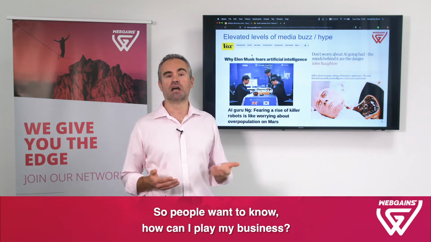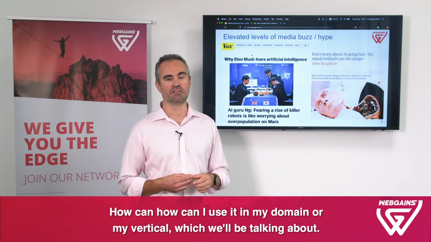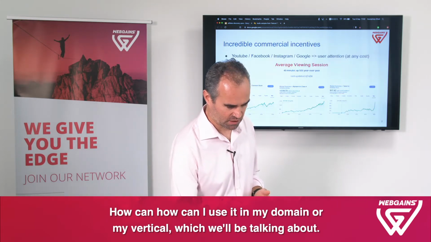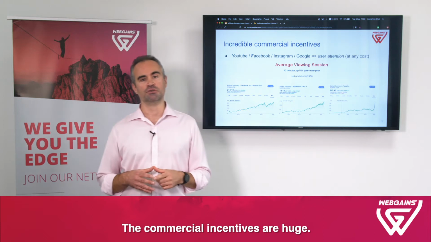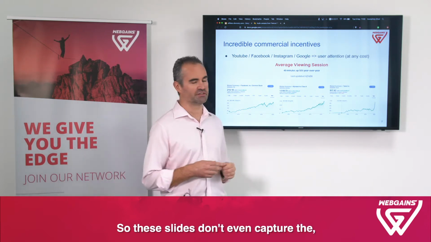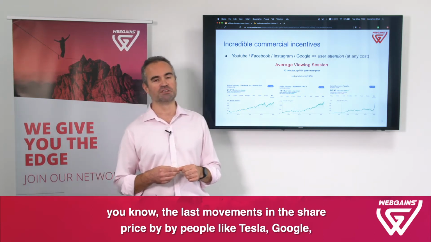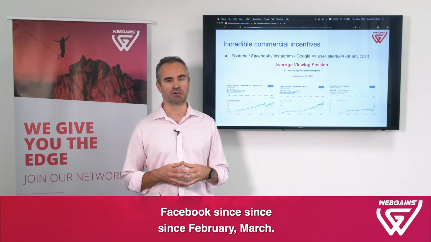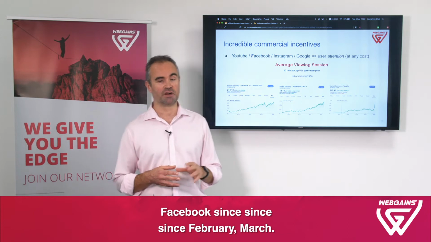So people want to know, how can I apply it in my business? How can I use it in my domain or my vertical, which we'll be talking about. The commercial incentives are huge. These slides don't even capture the latest movements in the share price by people like Tesla, Google, Facebook since February, March.